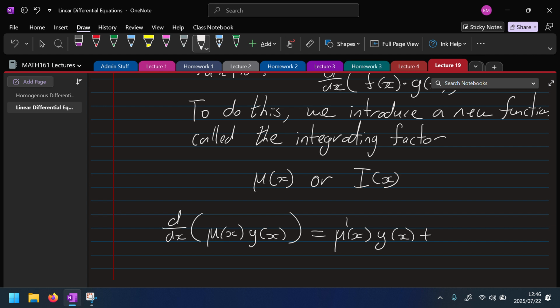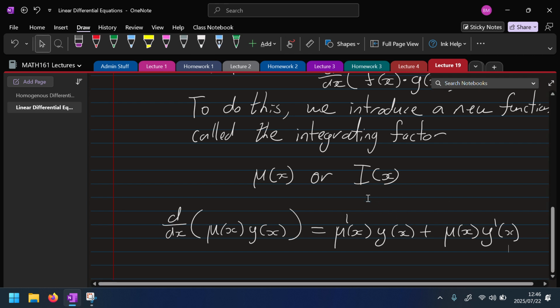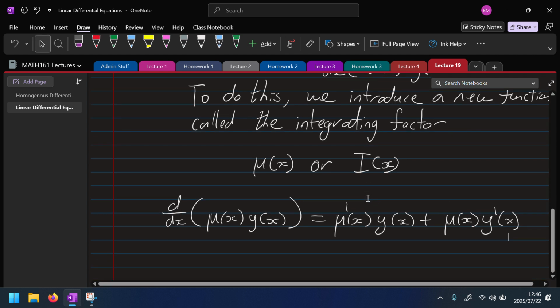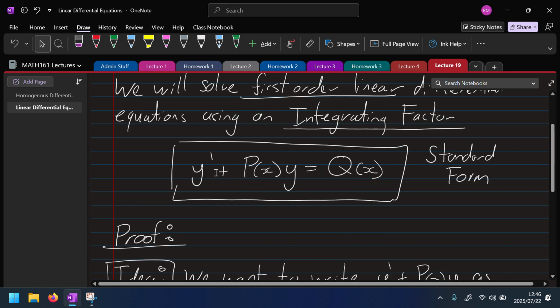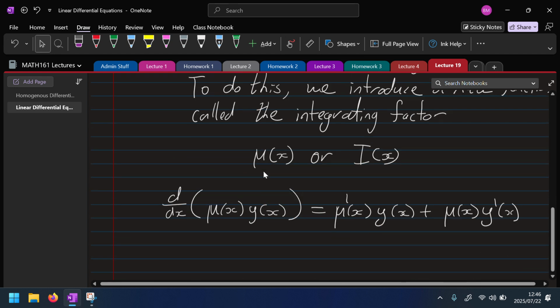Plus, then we're going to leave the first one alone and then do the derivative of the second. Okay, so that's just using your normal product rule. Now, what we're going to do is compare this product with that left-hand side there, multiplied by our integrating factor.